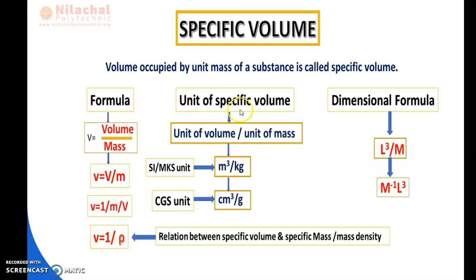Now the unit of specific volume. Volume is in meter cube and mass is in kg. So in the MKS system it is meter cube per kg, and in the CGS system it is centimeter cube per kg. The relationship between specific volume and density is that specific volume is equal to 1 by the density of the liquid. Thank you.